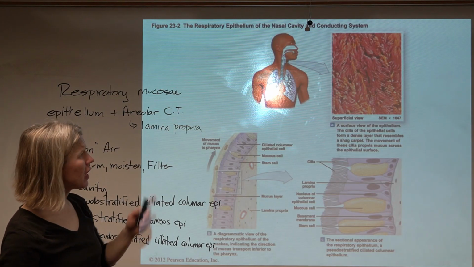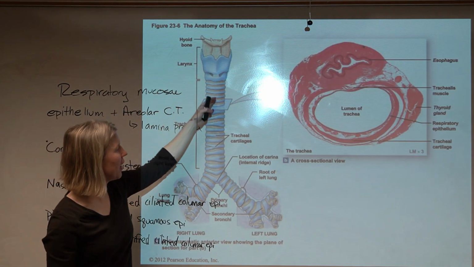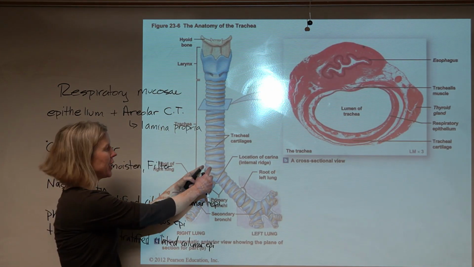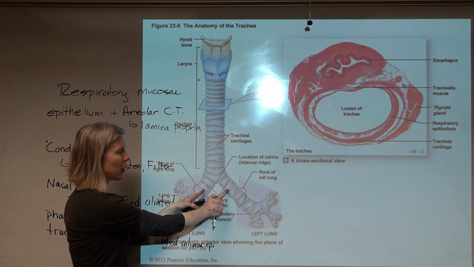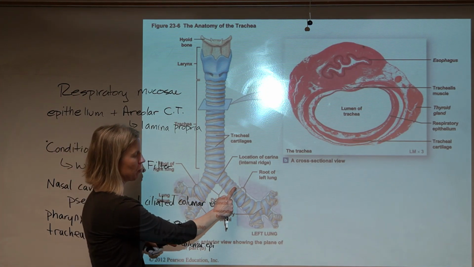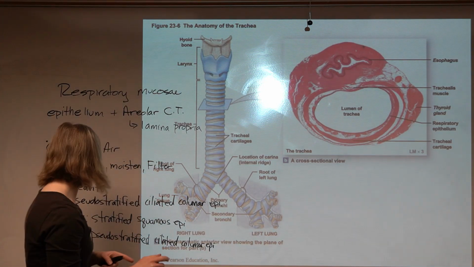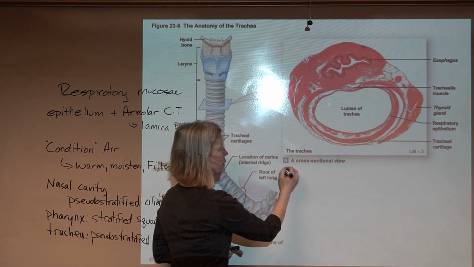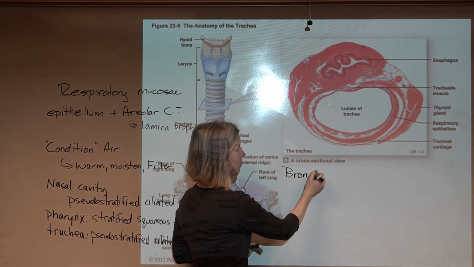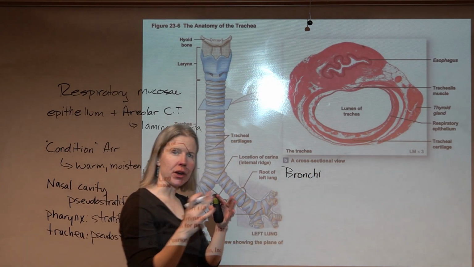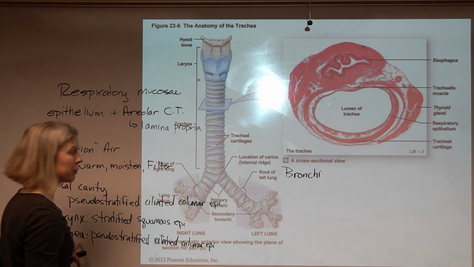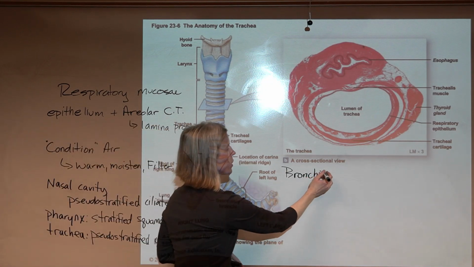Okay, now if we drop below the trachea, the trachea starts to divide, right? So primary bronchi, secondary, tertiary, and then into, and so those bronchi, as the trachea starts to split, they're very similar to the trachea. So same as the trachea.